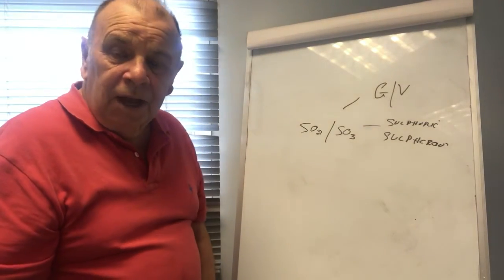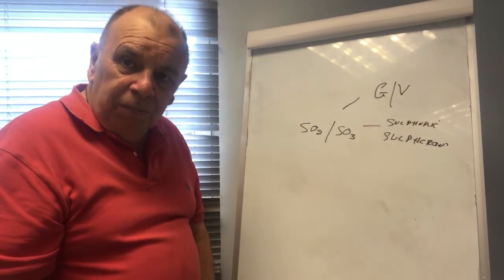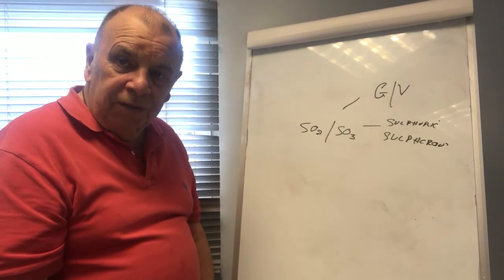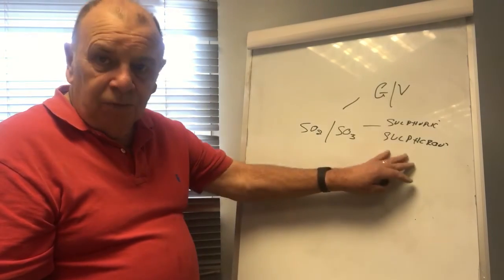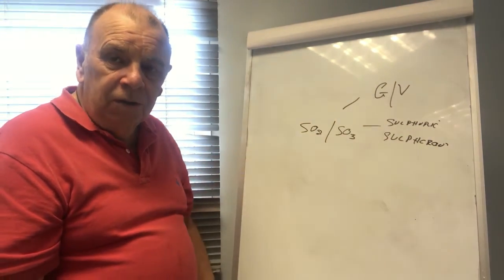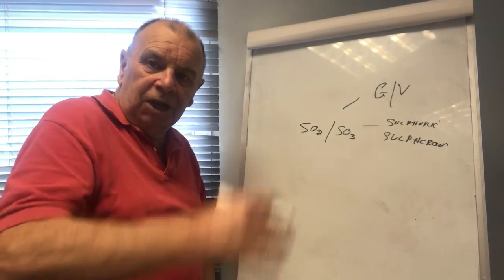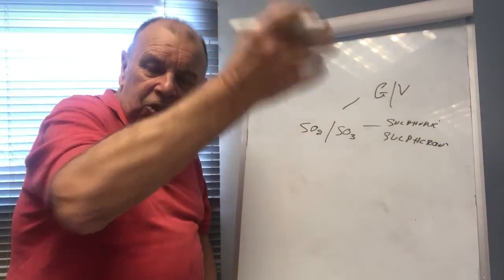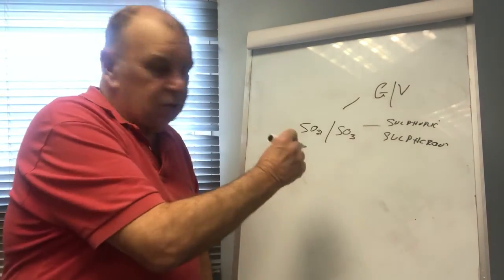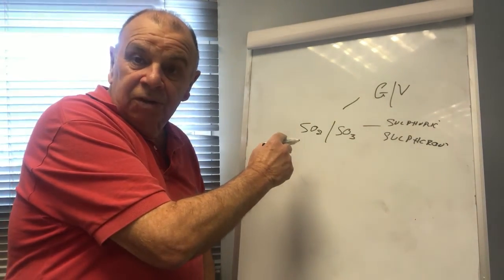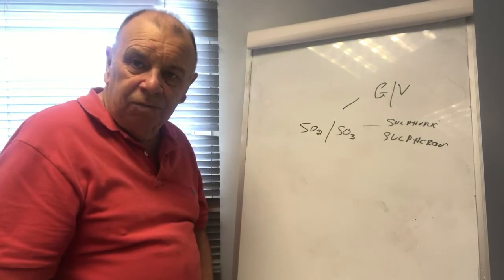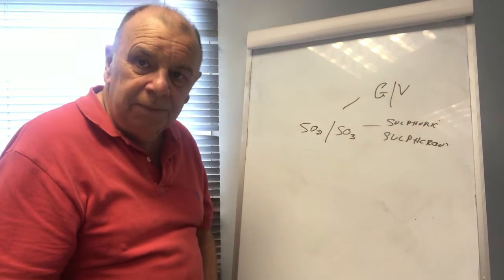They also combine with the water in the atmosphere to form acid rain. So the sulfur dioxide and sulfur trioxide is pouring out of your tower, and at the same time you've got steam, and the steam reacts with the sulfur dioxide or sulfur trioxide to form acid rain.